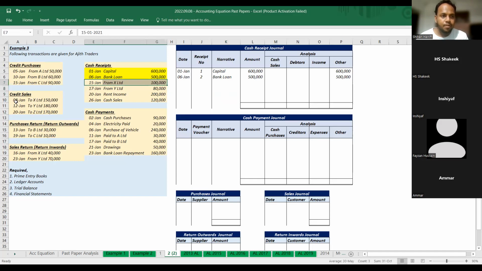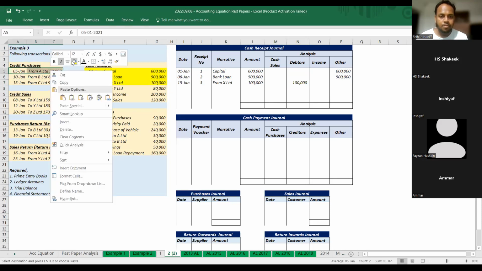X is a debtor, credit sales. So it is from a debtor.